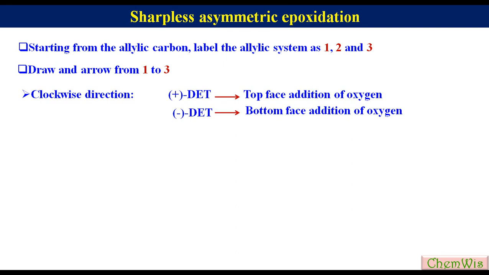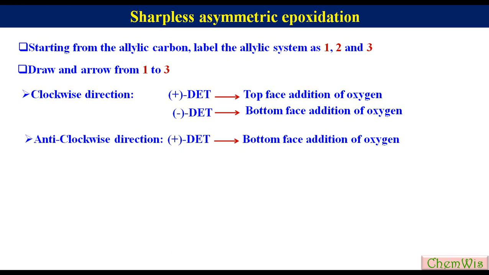If the direction of arrow is anticlockwise, the case is reversed. That is, presence of plus diethyltartrate favors addition of oxygen from the bottom face of the alkene, while presence of minus diethyltartrate favors addition of oxygen from the top face of the alkene.